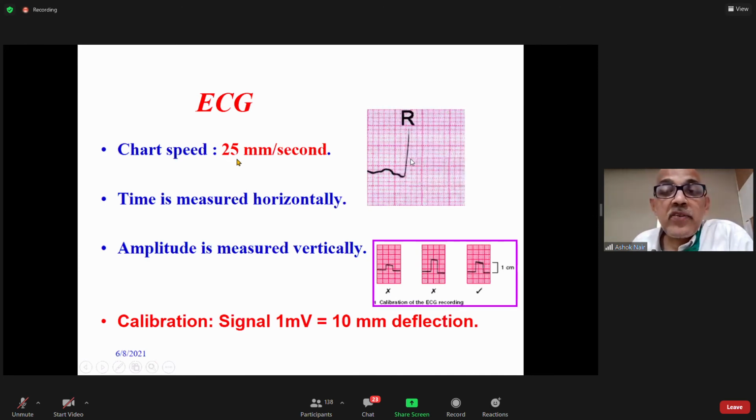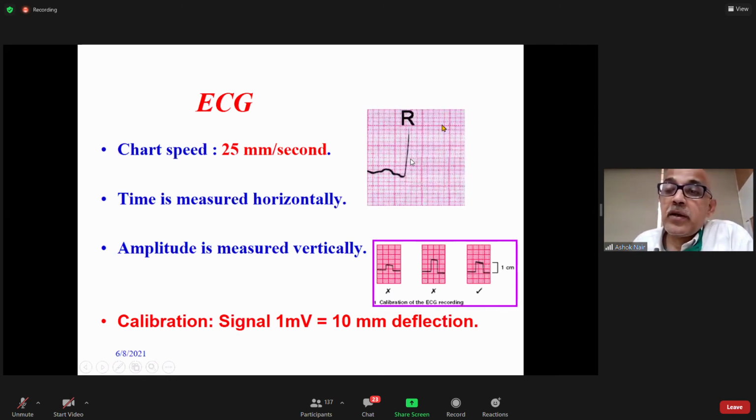The chart speed is 25 millimeters per second. So each small square of 1 millimeter will correspond to 0.04 seconds in the horizontal axis. In the vertical axis, as calibration is 10 millimeter deflection for 1 millivolt, this 10 millimeter corresponds to 1 millivolt.